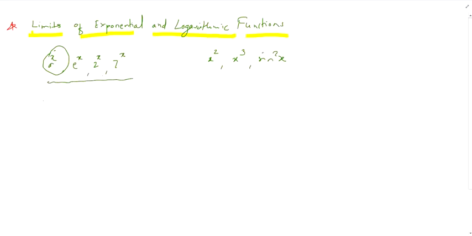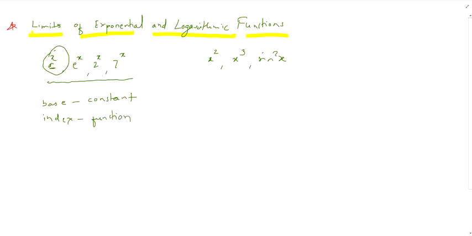In the exponential function the base is constant, and the index or power is a variable or function.